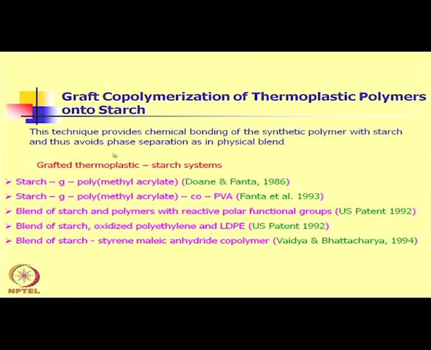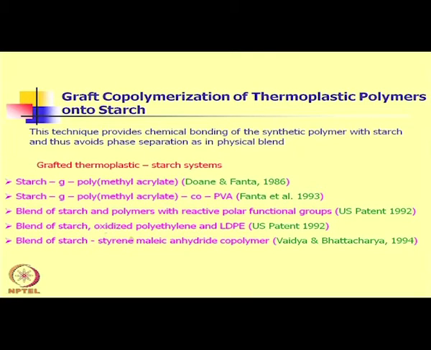Then polymers can also be modified for developing biodegradable polymers through copolymerization, graft copolymerization of thermoplastic polymers onto starch. So, starch can be grafted with say thermoplastic polymers. Some works have been done and some patents have also been taken. Here are a few examples. Starch was grafted with polymethyl acrylate, and starch was blended with polymers having reactive polar functional groups.